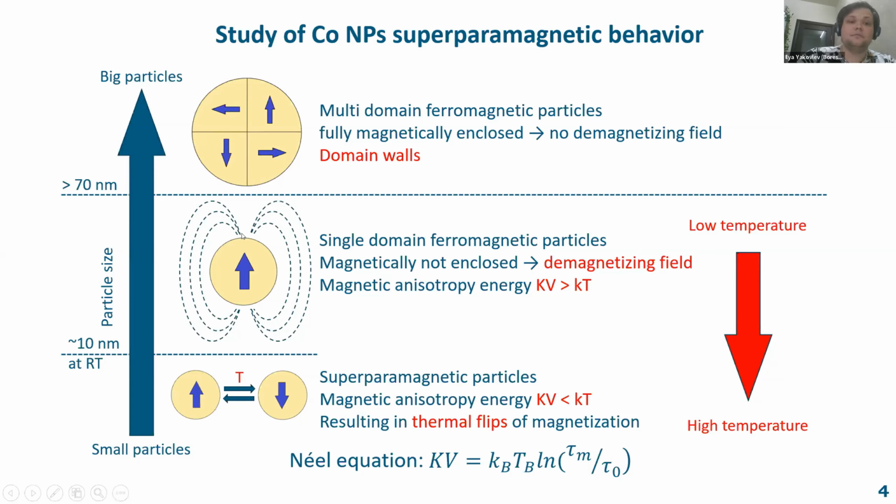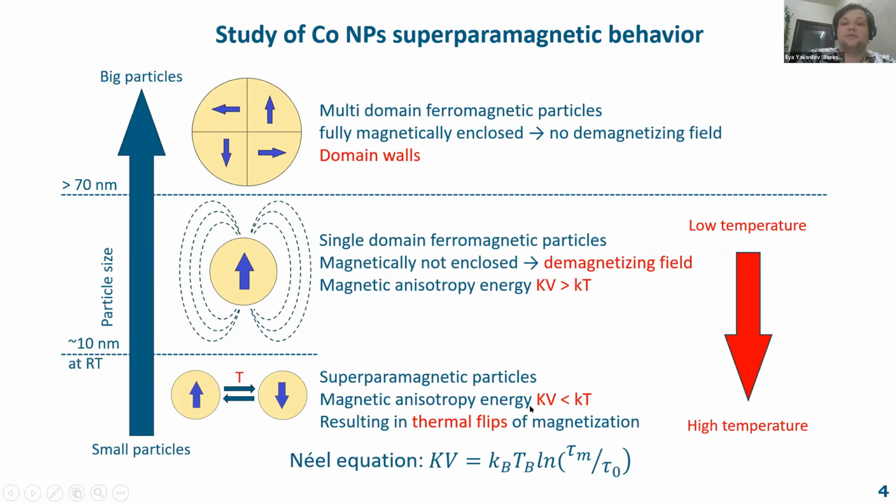But if we decrease the size of the particles below 10 nanometers, it may happen that the energy of magnetic anisotropy of the particle becomes lower than the thermal energy of the media.